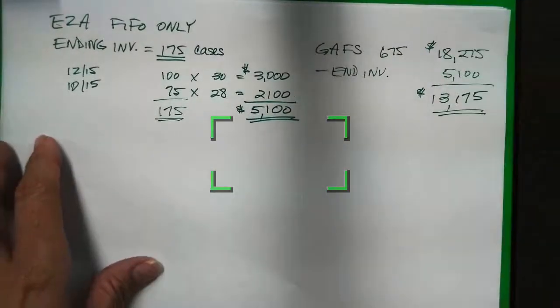Start a fresh sheet for this one. Okay, so this is E9A. So the information tells us that he had some information, okay?